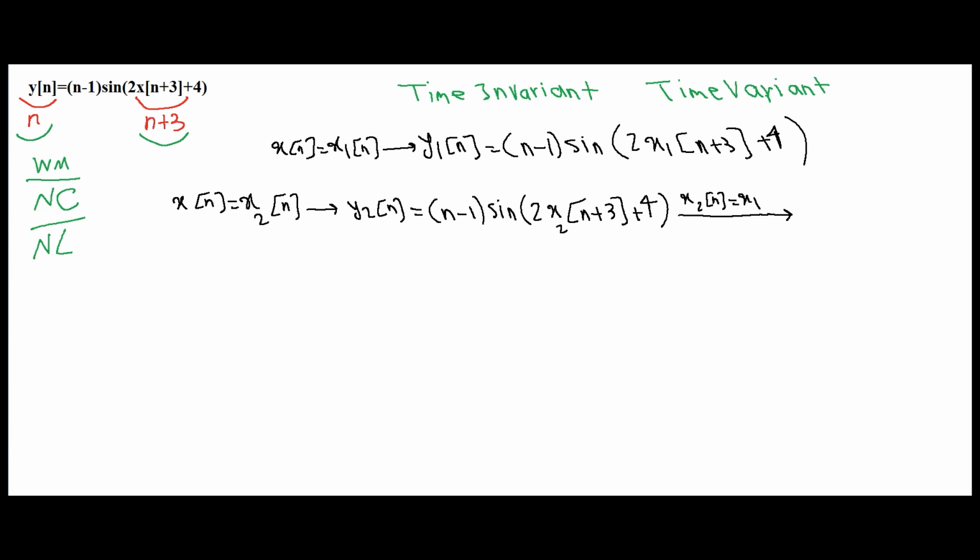Then we replace x[n] with x1[n minus n0], and we call the new output y3[n]. This becomes (n minus 1) multiplied by sine of 2x1[n minus n0 plus 3] plus 4.